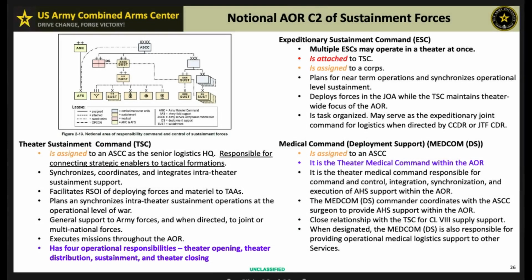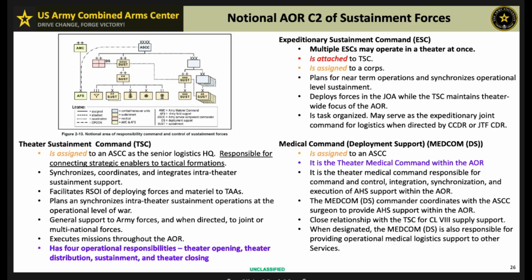The ESC, attached to the TSC, focuses on near-term operations. It's normally assigned to the corps and plans and synchronizes operational sustainment. Multiple ESCs may operate within a theater at once, and they deploy forces in the Joint Operational Area, the JOA, while the TSC maintains a theater-wide focus.